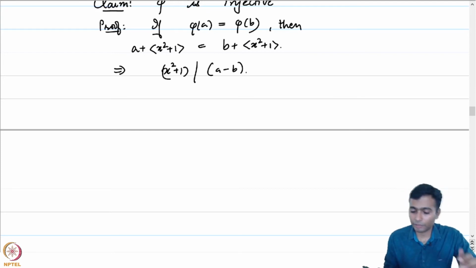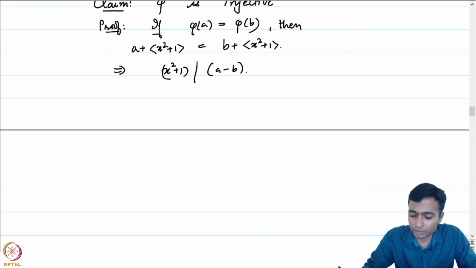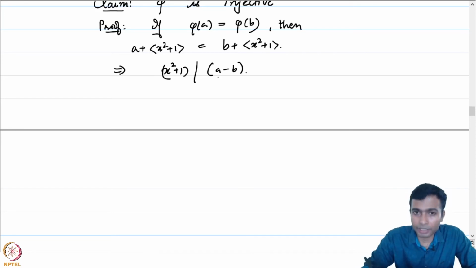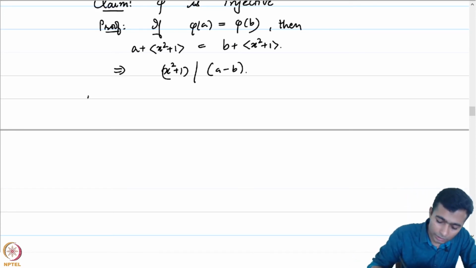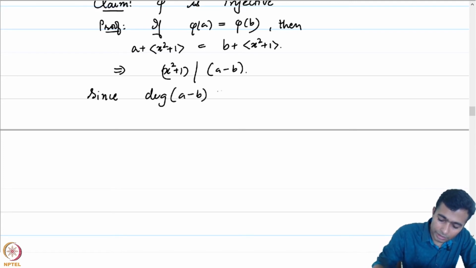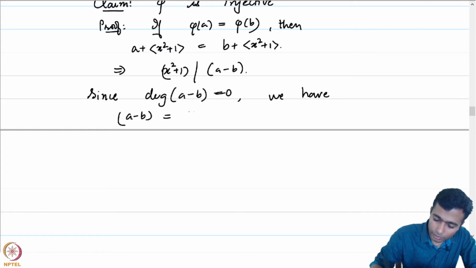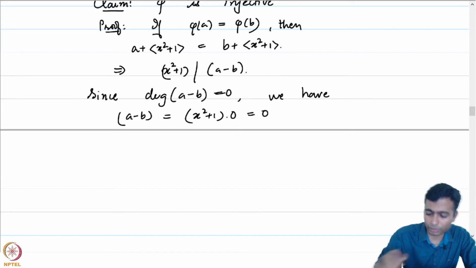Any multiple of x square plus 1 should have at least degree 2, or else it should be the 0 polynomial. So A minus B having degree 0, since degree of A minus B is equal to 0, we have A minus B equal to x square plus 1 times 0, which is equal to 0.